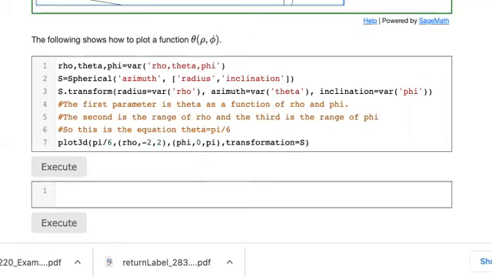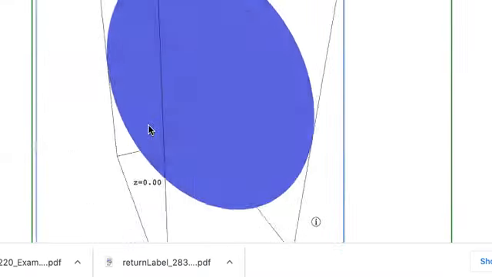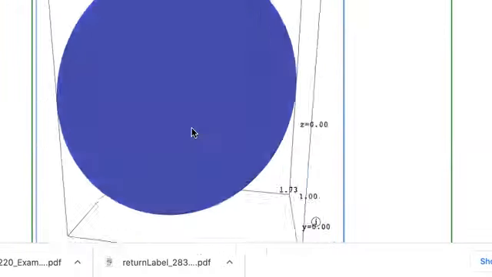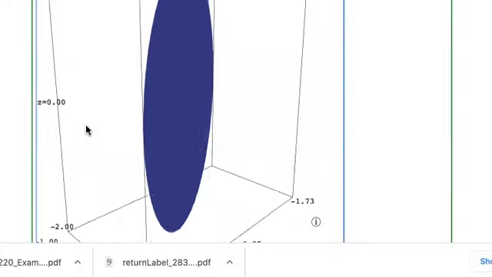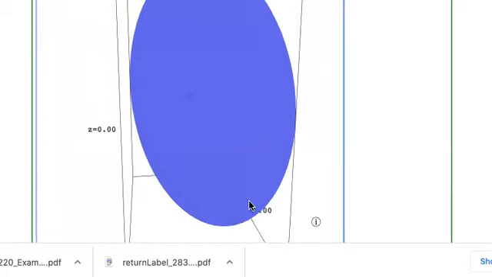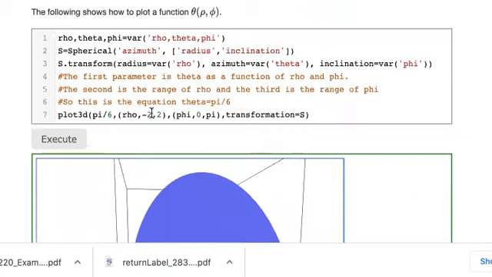All right, let's do this. Ah, we did it. It actually looks like a coin. Why is it rounded? That's because of the bounds we set in the graph for rho. Let's see what that is here. Yeah, sure enough, from -2 to 2.